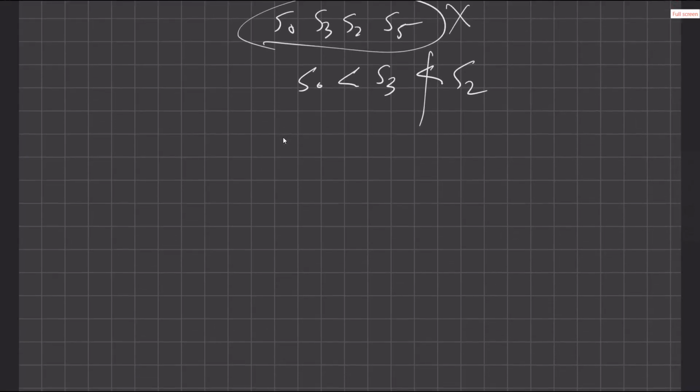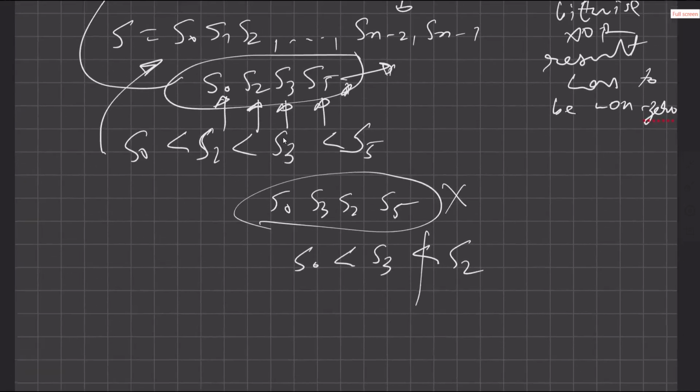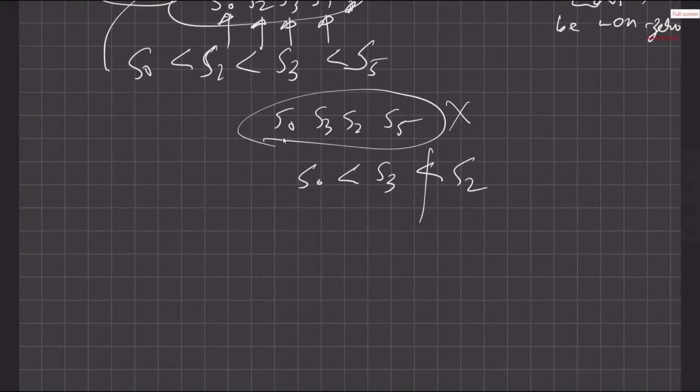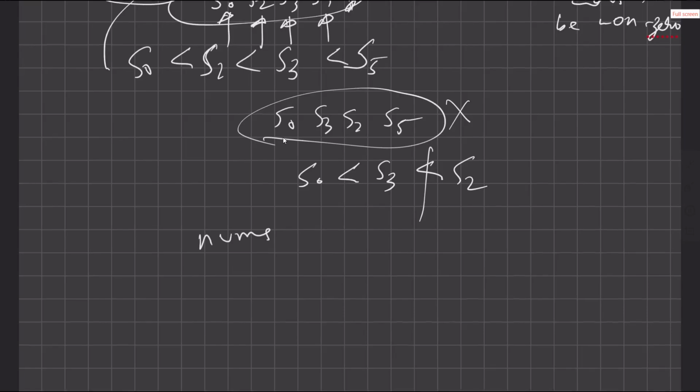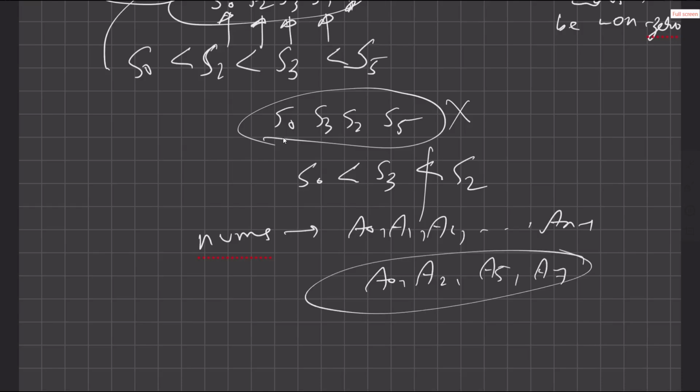So what they're actually trying to say is we need to find a subsequence from the array, and whatever subsequence you have chosen should be the longest, with a non-zero bitwise XOR. Say the nums array is a0, a1, a2, and so on up to an minus 1. You have chosen a0, a2, a5, a7 as the longest subsequence.